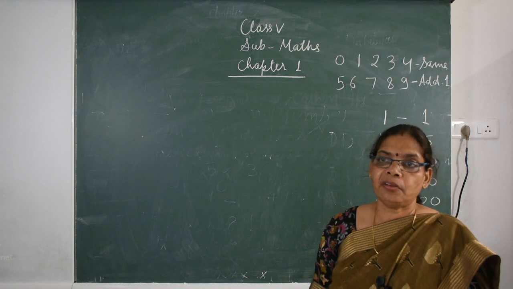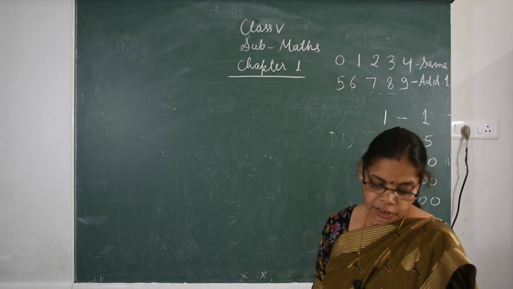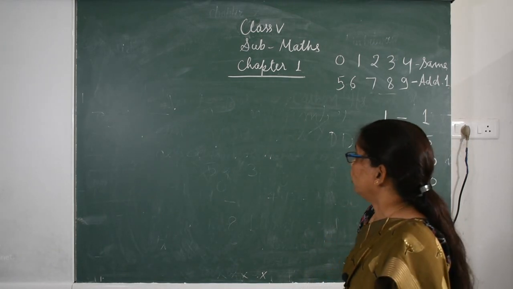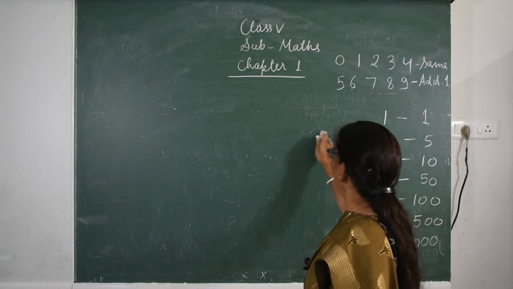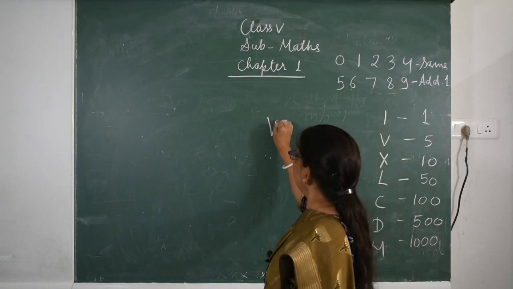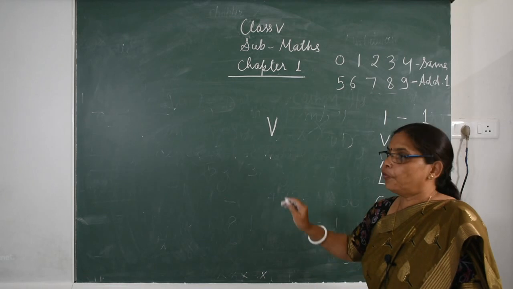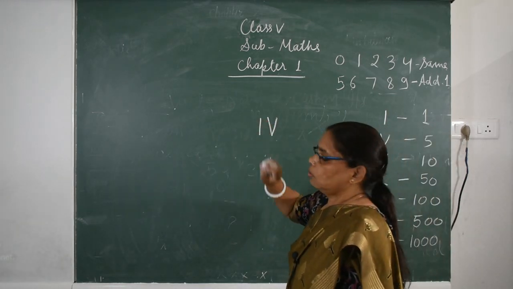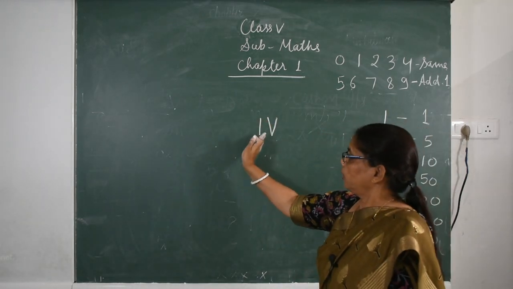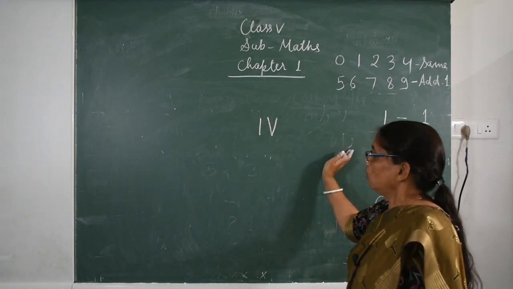So always remember, children, if a smaller number is written to the left of a bigger number, for example this one stands for 5 and this one stands for 1, this side is left and this side is right.